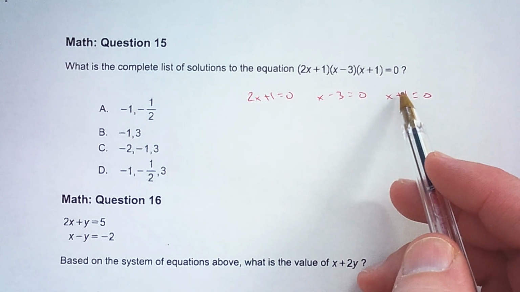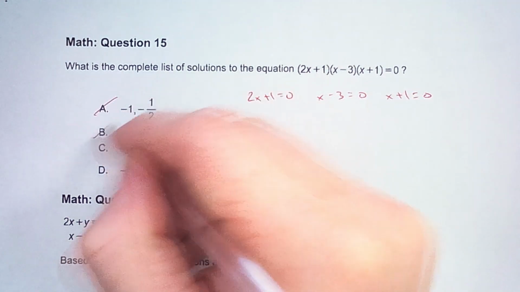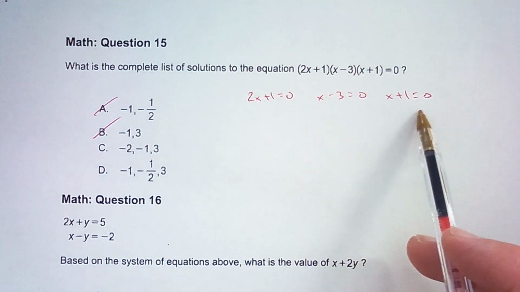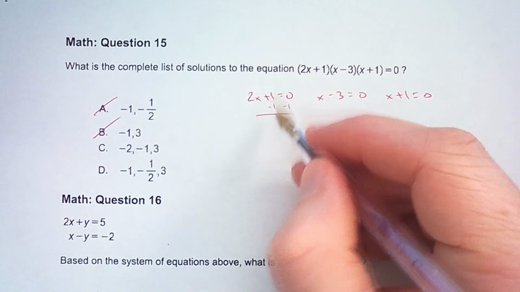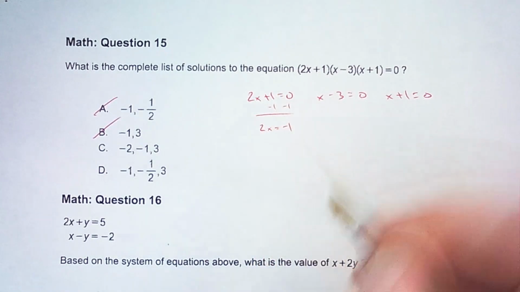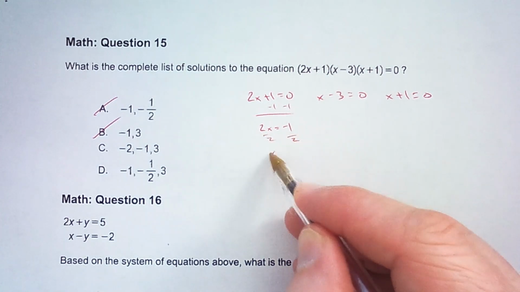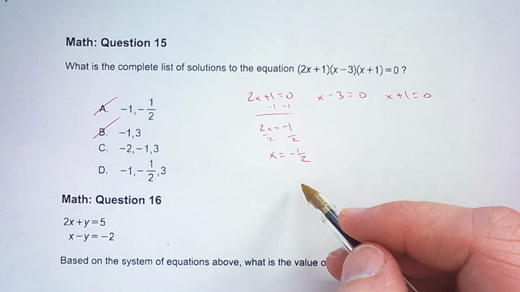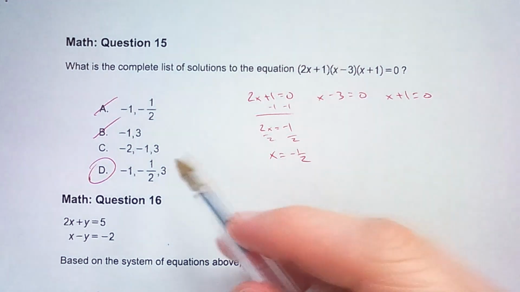Now I solve these three, and I get my three solutions. By the way, I can eliminate options A and B because they only have two solutions. I'm going to have three unique solutions here. So I can subtract 1 here and get 2x equals negative 1, and divide by 2, and I get x equals negative 1/2. Only option D has that, so I can actually just pick option D now and move along.